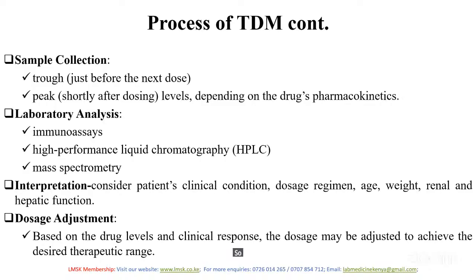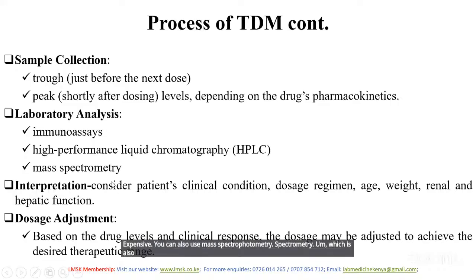So they can be used for drug assays. It's one of the most sensitive techniques. Number 2, you can use high performance liquid chromatography, which is a hard one because this equipment is slightly expensive. You can also use mass spectrometry, which is also expensive equipment.